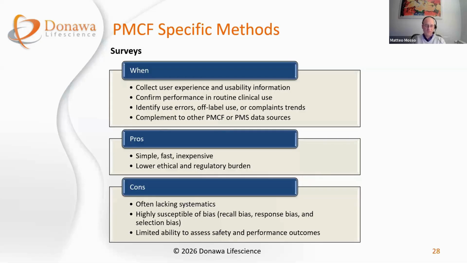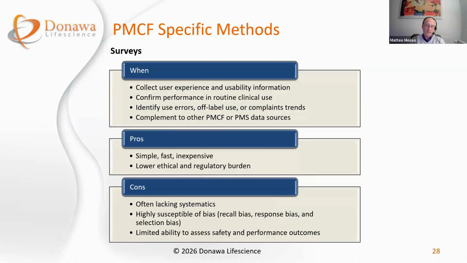The downside of the surveys is that if they are not well designed, of course, they lack systematics, and they are susceptible to bias. If the question asks, for example, what bleedings you have experienced in the last month, it is possible that the user of the device may not recall correctly all the information, or may be biased to provide better results than what happened in reality.